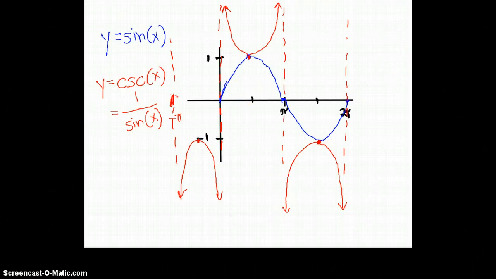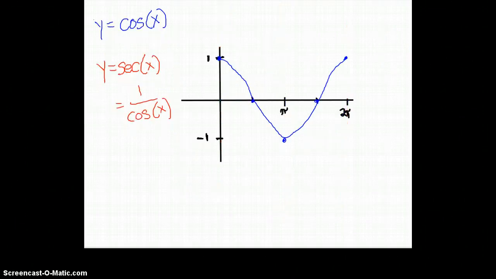Now let's look at secant. Secant is going to be very similar. We're going to do that the exact same way. Secant is 1 over cosine. So where are the zeros here? Wherever cosine of x is 0, secant of x will be undefined.